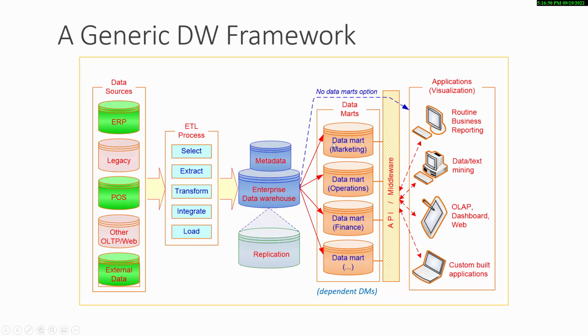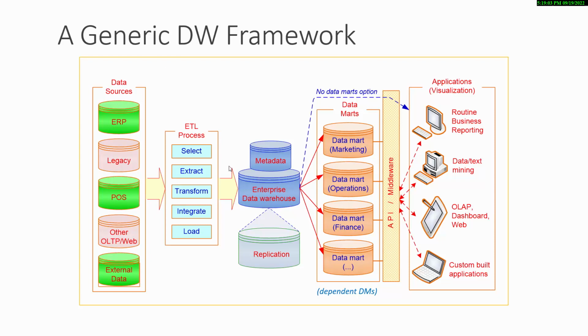Let's start with the data sources, which can come from different sources within the company and outside the company, such as ERP or enterprise resource planning software, legacy data, maybe some point of sales data, other online data sources, some external data sources. So we can have a variety of data sources from which we will get the data for the data warehouse.